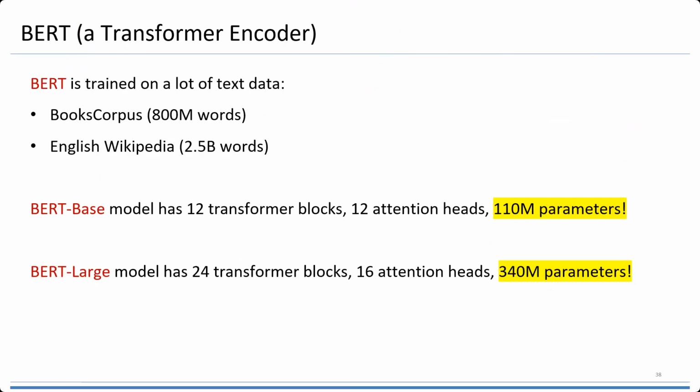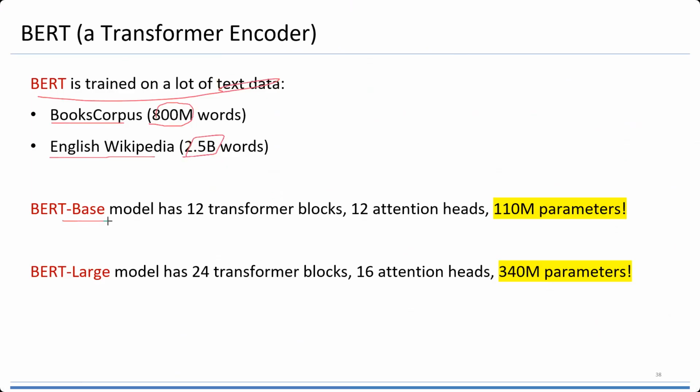Okay, BERT is a transformer encoder, and as you know, with this encoder, BERT is trained on a lot of text data. They use the BookCorpus with 800 million words and English Wikipedia with 2.5 billion words.